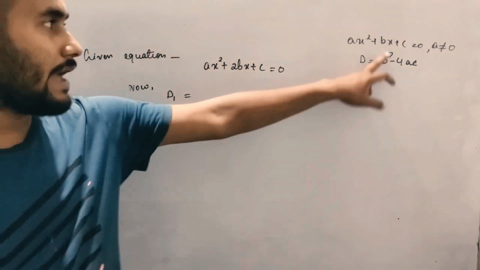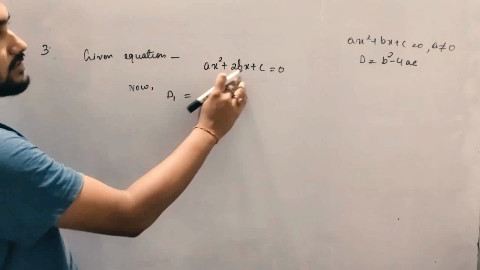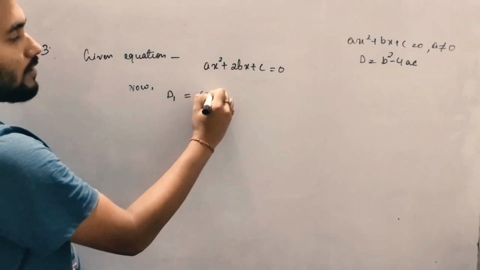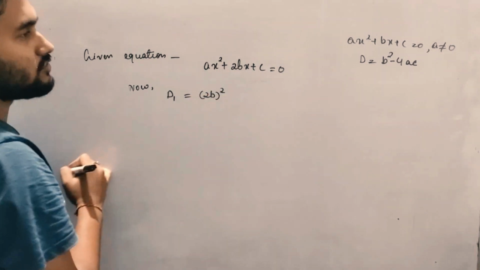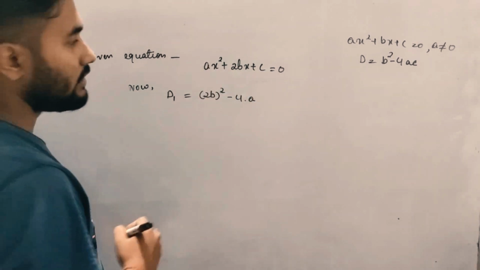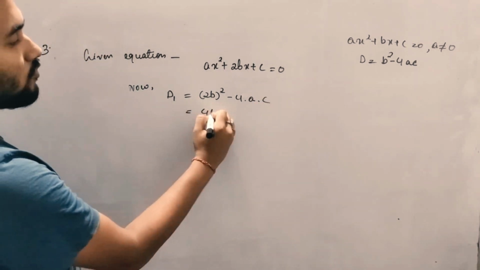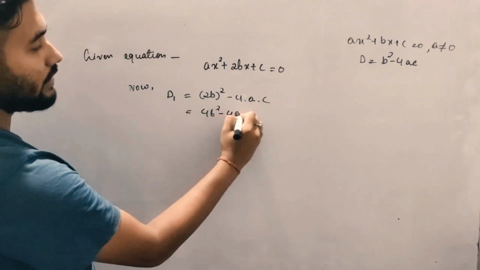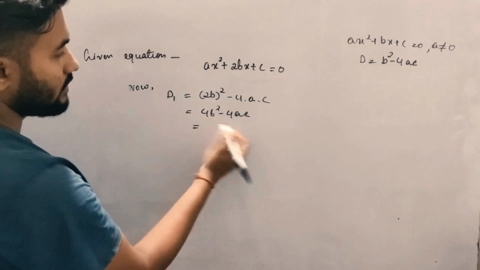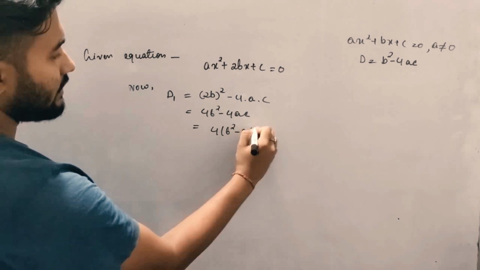Here b is the coefficient of x. So your b square is twice b whole square, minus 4, a is a only, and c is c. So it is equal to 4b square minus 4ac, or you can say, if I take 4 common, 4 times b square minus ac.